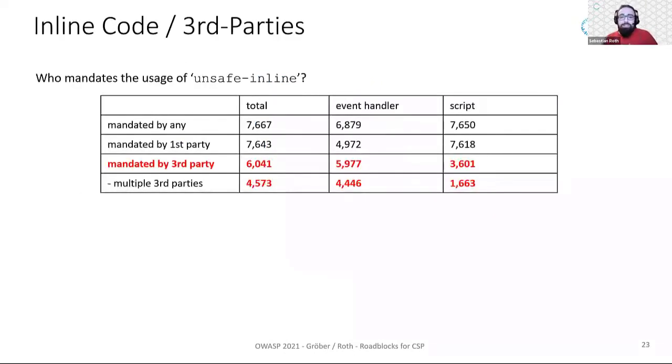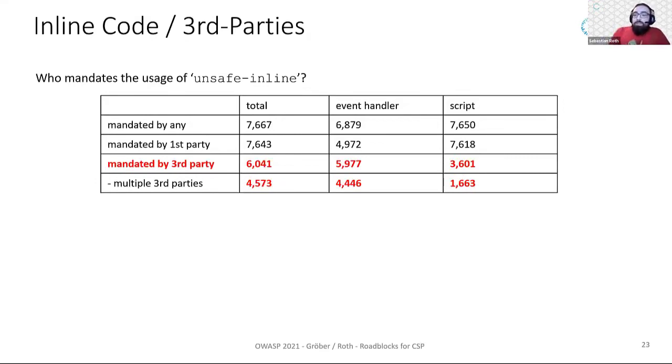Well, in another study conducted by Marius Steffens, they have shown that many problems regarding the usage of insecure practices in CSP, like unsafe inline, were not caused by first-party code, but rather a problem of third parties that mandate the usage of unsafe inline in this case.